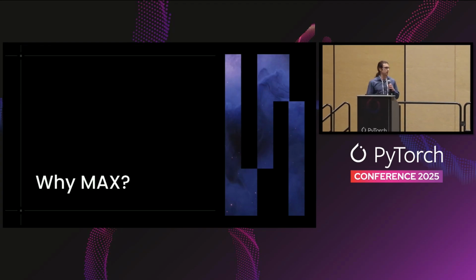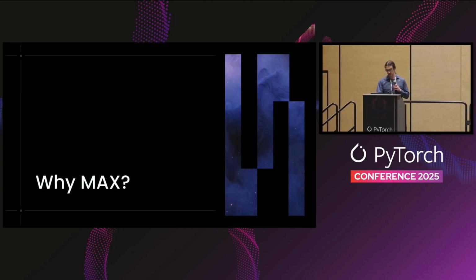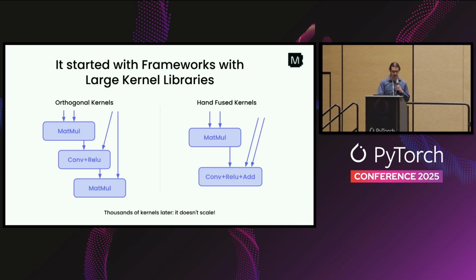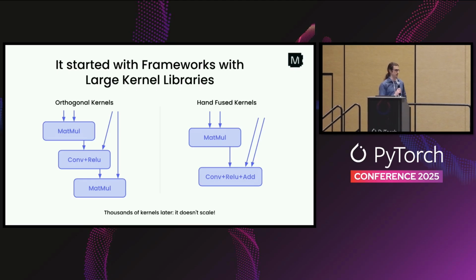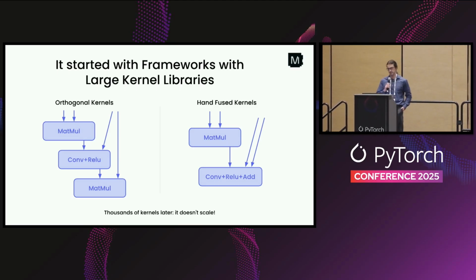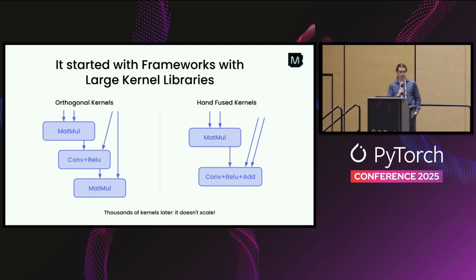It's a little hard to talk about Mojo in the context of machine learning without at least introducing MAX. So a little bit about the history of MAX here. In the olden days, all these frameworks would ship very large kernel libraries. As we saw in the prior talk, things like fusion are very important. You can't just ship a small number of orthogonal kernels.